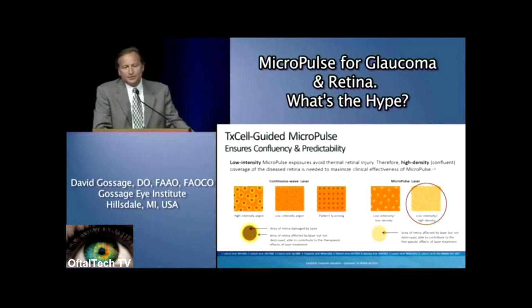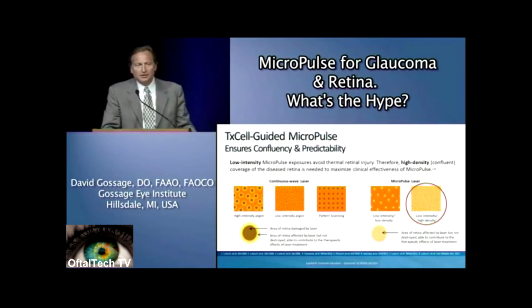So when you look at this slide, you can see the original argon-treated eyes, where we create those high, heavy burns, versus the modified ETDRS, which would be a little bit less intense burn. But either way, you're creating a burn. And really the biological effect that we're seeing is not the burn, but the area surrounding the burn. And that's where we're really getting the therapeutic effect.